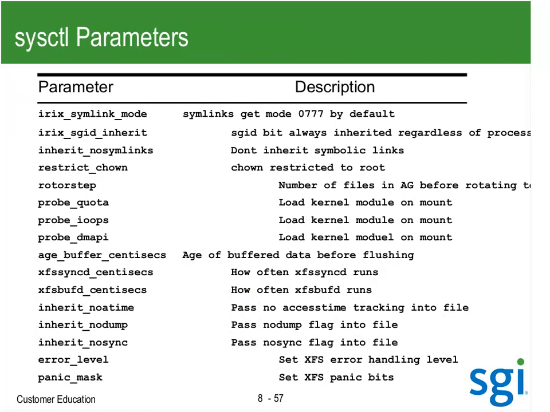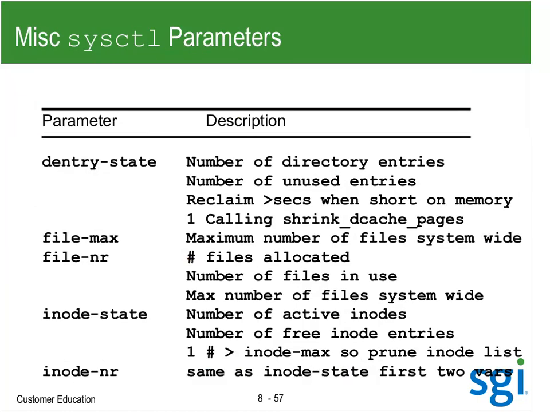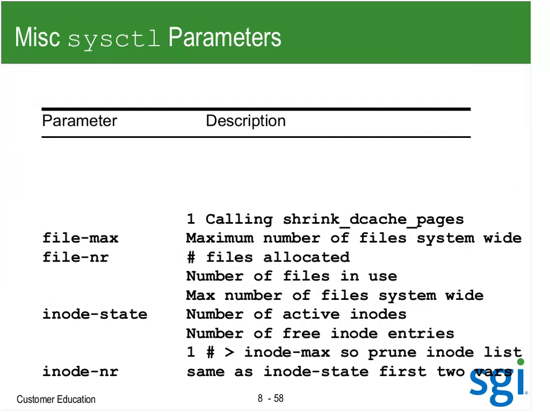This one is of interest to me: the buffer centiseconds, XFS sync centiseconds. How often do we wake up? And also rotor step. And then there are some sysctl parameters that I don't think are relevant anymore for maximum. These are basically things that are read by SAR to get it out of the system.